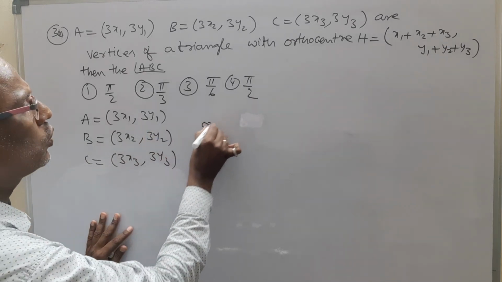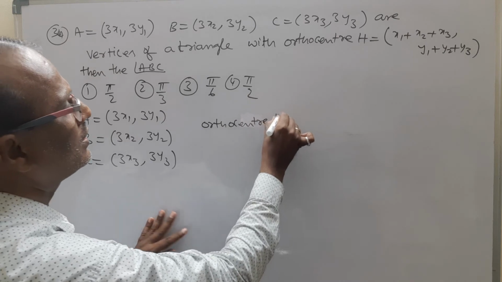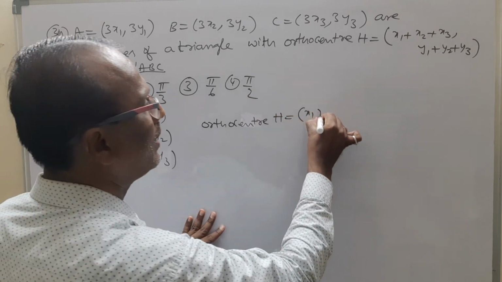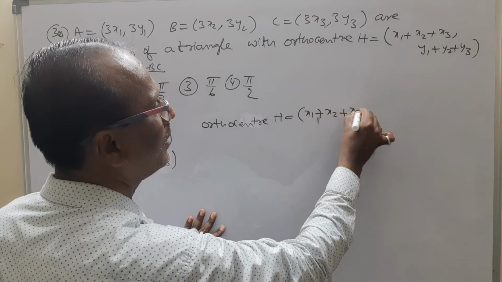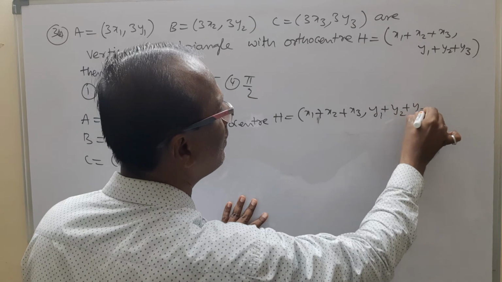Here the orthocenter of the triangle is given: H equal to (x1 plus x2 plus x3, y1 plus y2 plus y3).